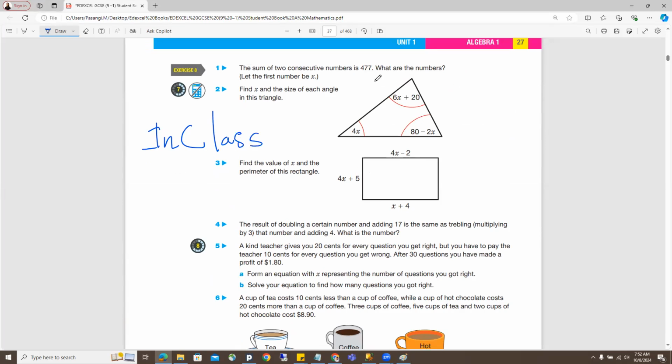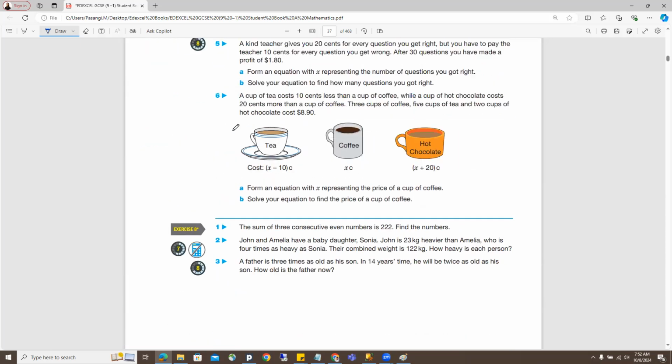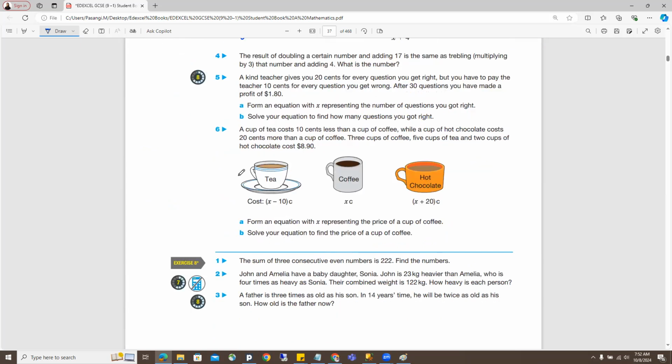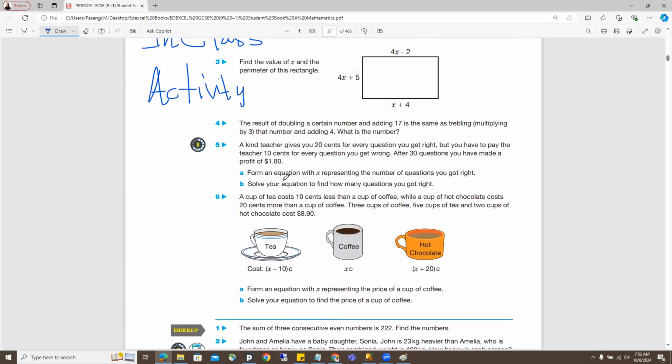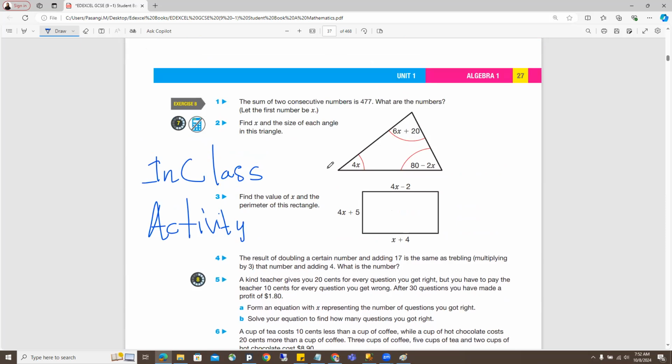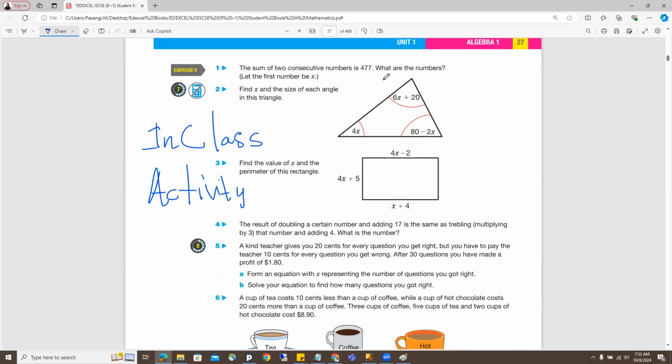You have to write all the steps and show the workings as well. If you do exercise 8 perfectly, then you can do the 8 star as homework. Let's do this one first. First question.